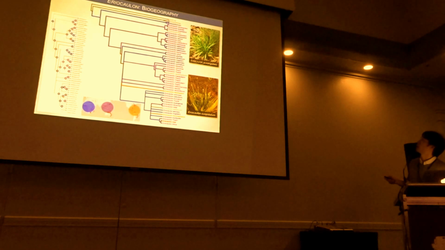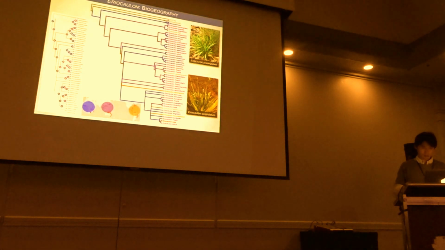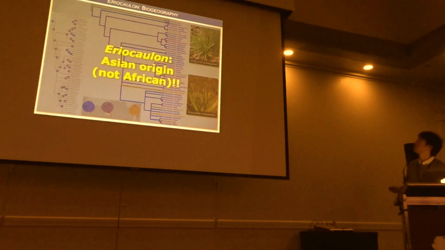And the thing is that even though the outgroup, sister genus, is from tropical Africa, in the genus Eriocaulon, the early divergent species actually are from Asia, like Eriocaulon sexangulare, Eriocaulon spirata. These species are in most cases big in size. So we can say this Eriocaulon is actually Asian origin and not African origin.